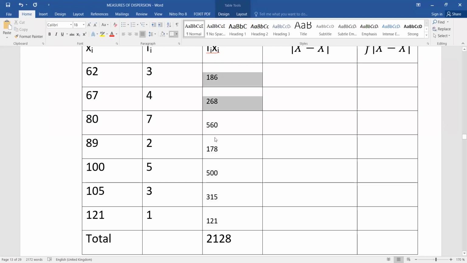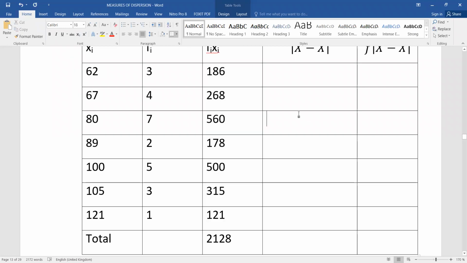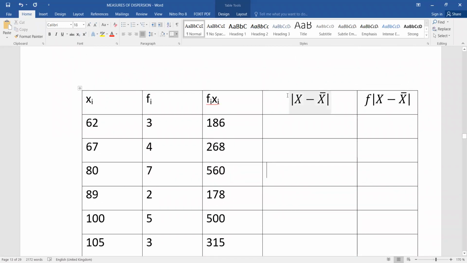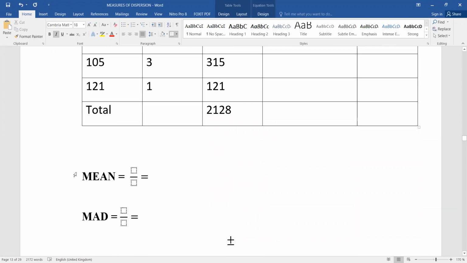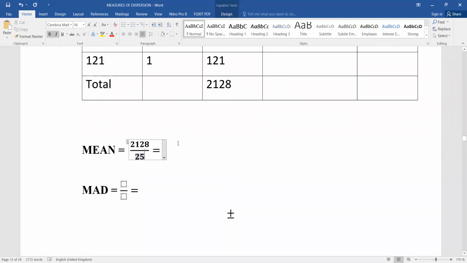Let me increase the font to 18. Good. So now let us first get the mean. 2128 divided by 25, because the frequency is 25. First get the mean.